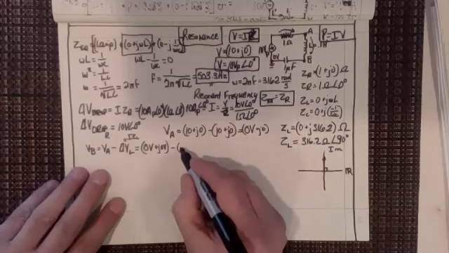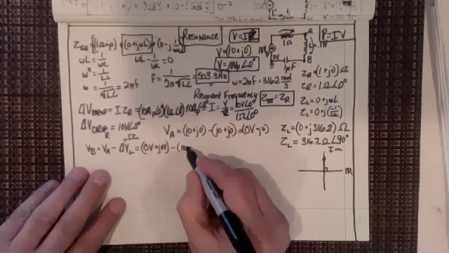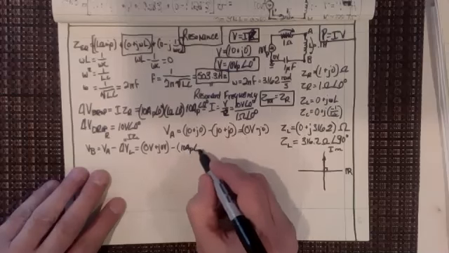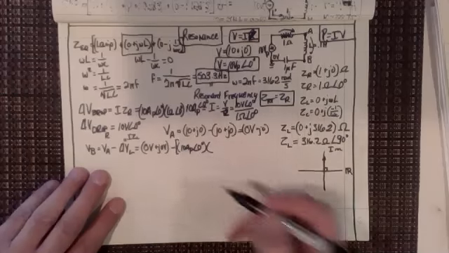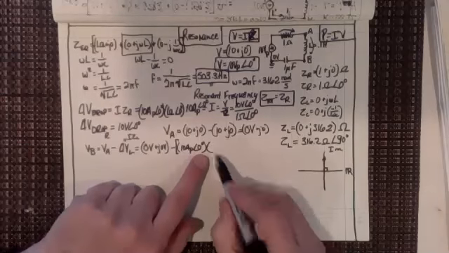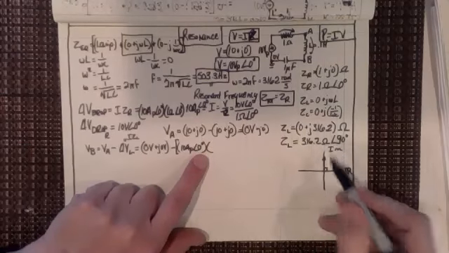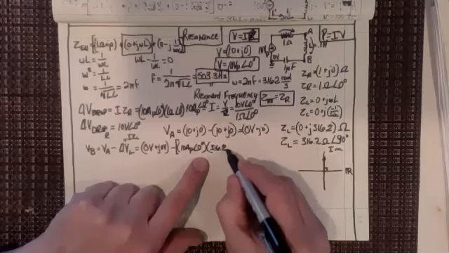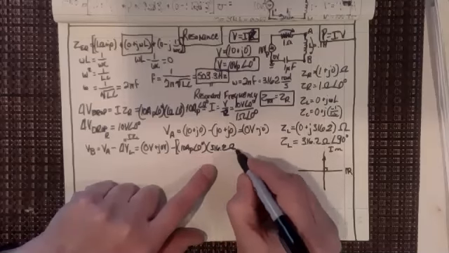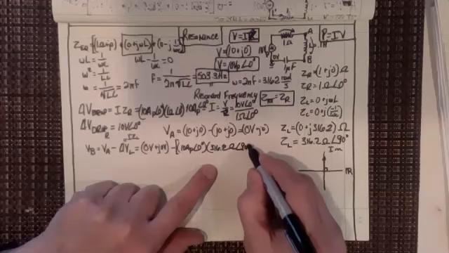The current in phasor form is 10 amps peak at 0 degrees. And we also know what the impedance of the inductor is. That's 316.2 ohms at 90 degrees.